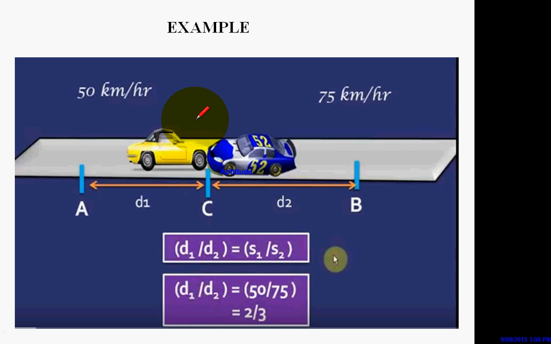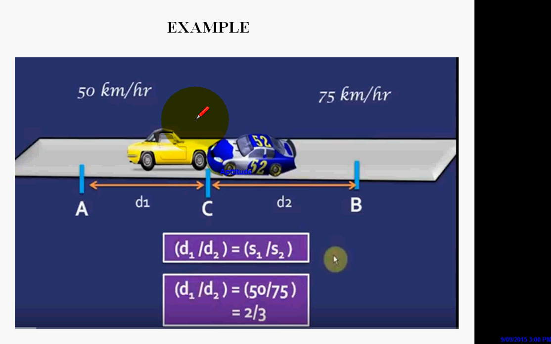That is the question asked. The speeds of the individual cars are given, and they have also given a clue that both the cars start at the same time, which means that the time is constant here. Now we need to calculate the point or the time at which these two cars meet each other.